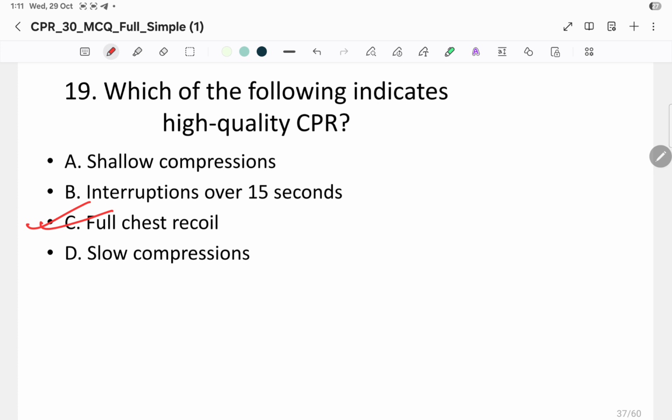Let us review again the 5 components of high quality CPR. Number 1, chest compression fraction should be more than 80%. 2, compression rate should be 100 to 120 compressions per minute. 3, compression depth of at least 2 inches or 5 cm in adults and children, and 1.5 inches or 4 cm in infants. 4, allow the chest to recoil completely. 5, avoid excessive ventilation.